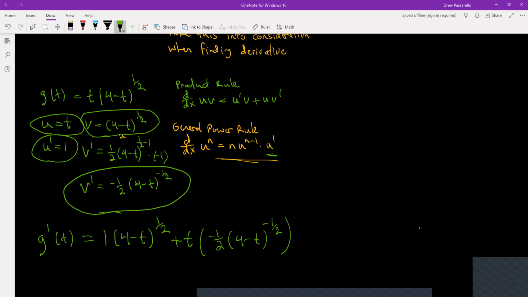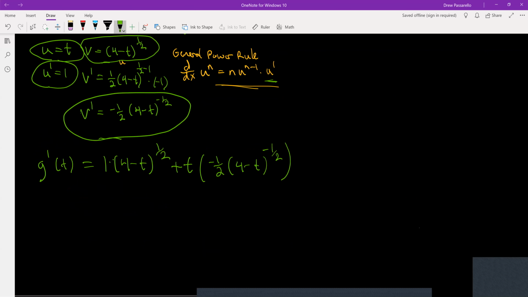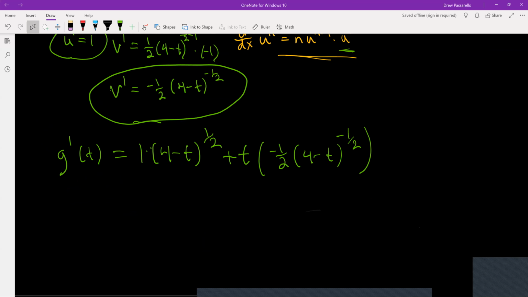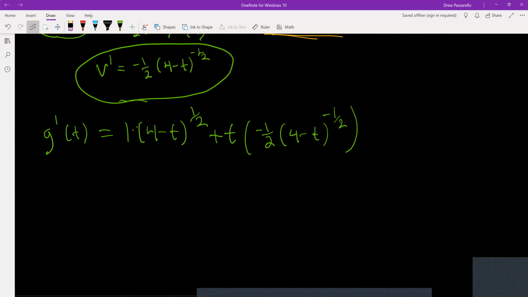All right, and now this is the hard part, is doing the algebra to simplify it. Let's see, so what do we have? So g prime of t. So 1 times 4 minus t raised to the 1/2. I could go ahead and just write that as 4 minus t raised to the 1/2, which is the same thing as the square root of 4 minus t.